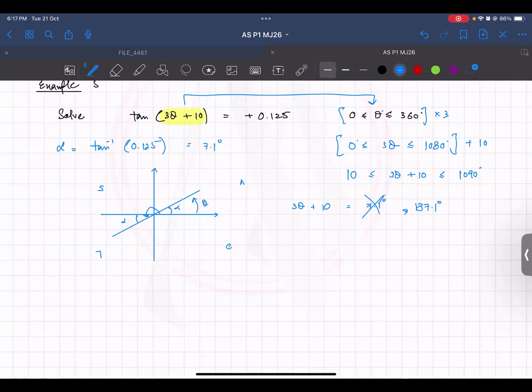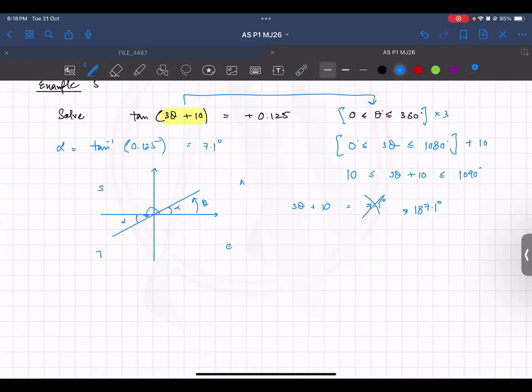And now we know we still have a lot of the range to move around. This is the solution in this first cycle. In the first cycle, if I move from 0 till 360, I am getting one solution. I can move till 1090, so I can take another round. This would be the solution and this would be the solution.